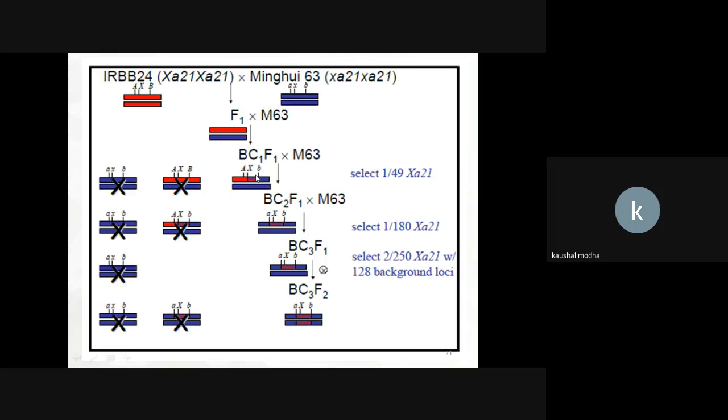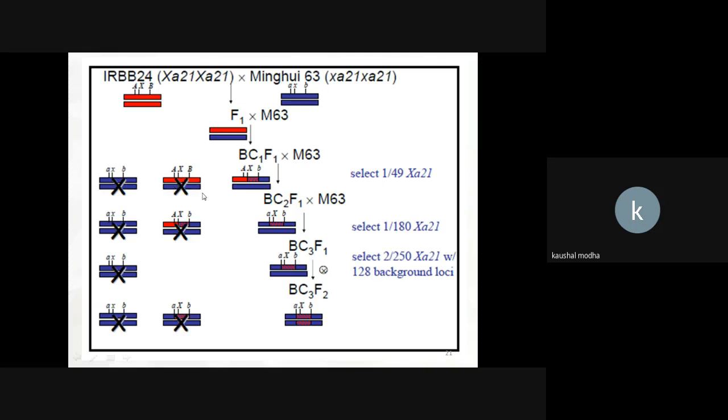So that indicates that recombination has occurred during F1 meiosis in this region, so that now this portion of the chromosome, due to recombination, is from the recurrent parent. And in this generation, we reject all the plants which show this kind of constitution, homozygous for small a and small b, and the target locus. This is completely similar to the recurrent parent. We don't want this.